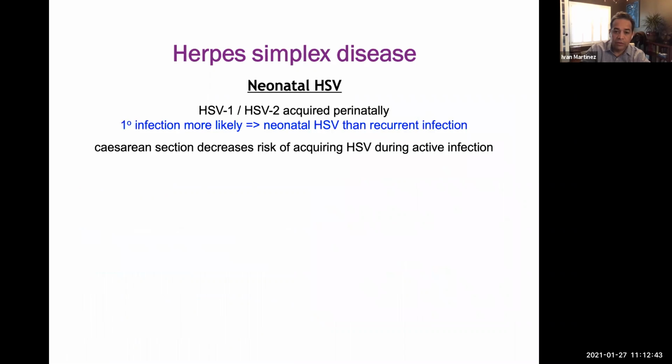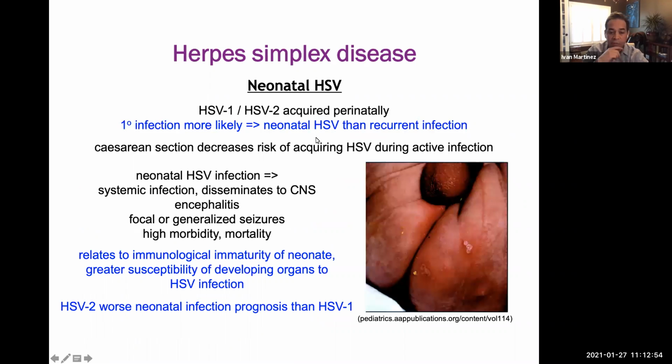Now, neonatal HSV is actually not a very good thing. Cesarean sections decrease the risk of HSV during active infection. Neonates that are infected can have it disseminate to the central nervous system. They can develop encephalitis, generalized seizures, or high morbidity or high mortality.